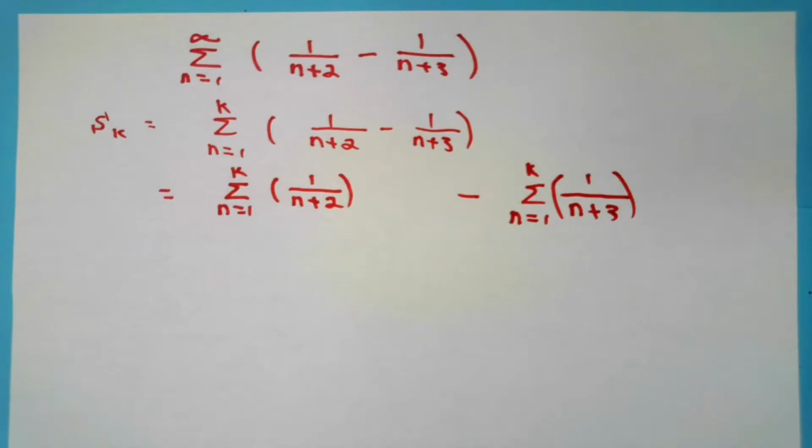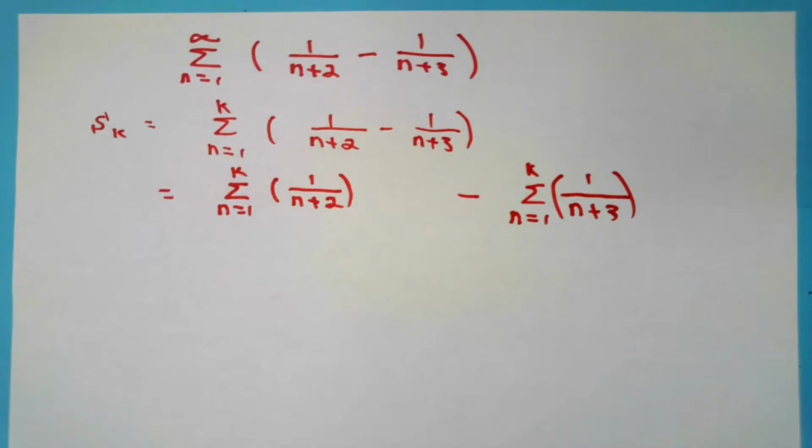It will be 1/3. The last number in the first sum will be 1 over k plus 2. In the second series, the first number is going to be 1 over 4, and the last number is going to be 1 over k plus 3.